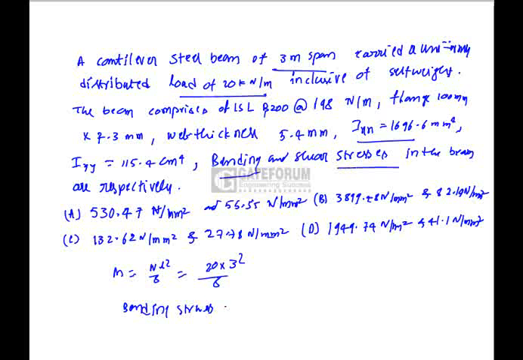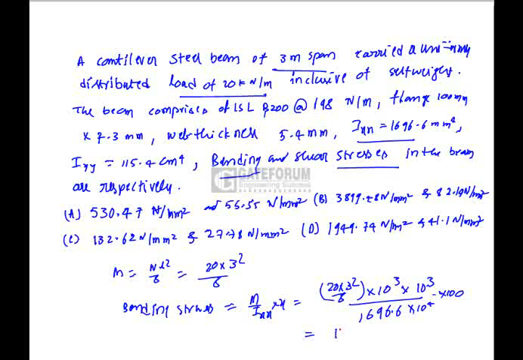Bending stress is equal to M by Ixx into Y. We have to convert into newtons and millimeters. That gives 132.62 newton per millimeter square. 132.62 is only in one option, so option C we can directly mark as the correct answer.